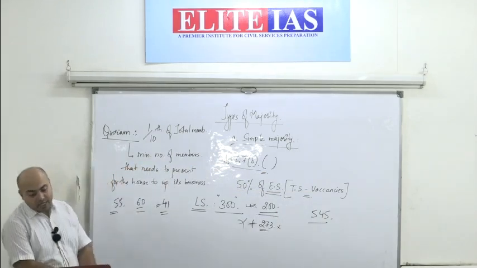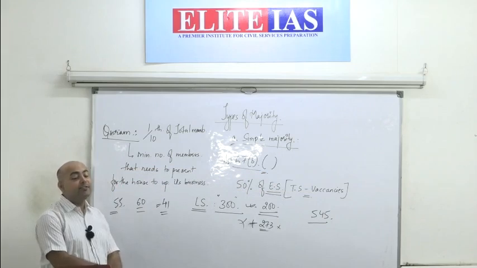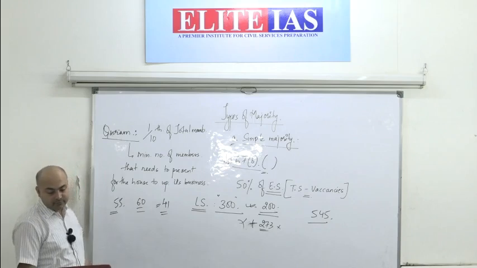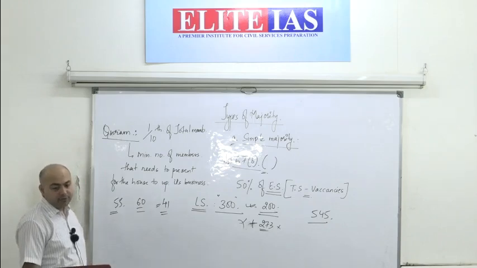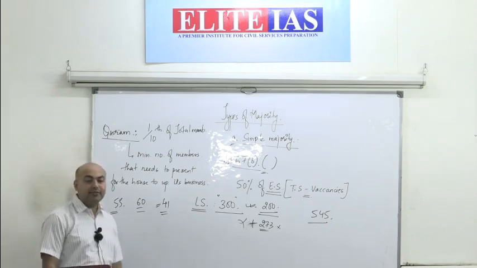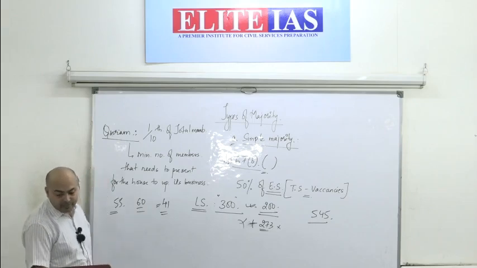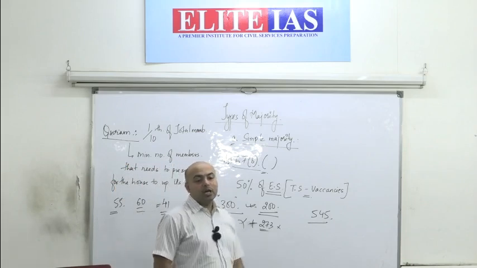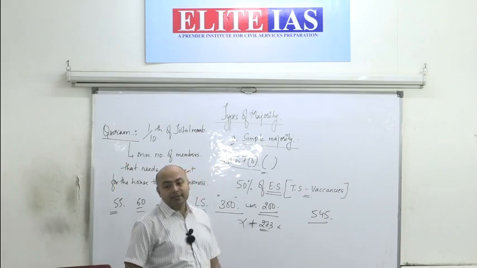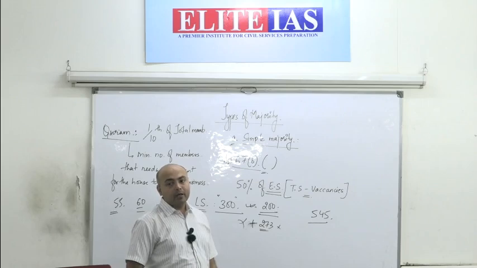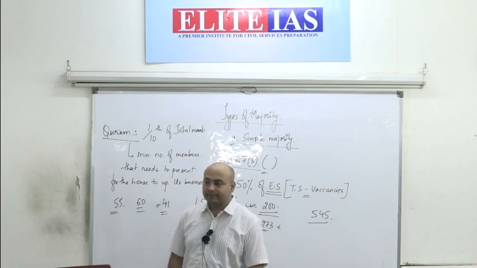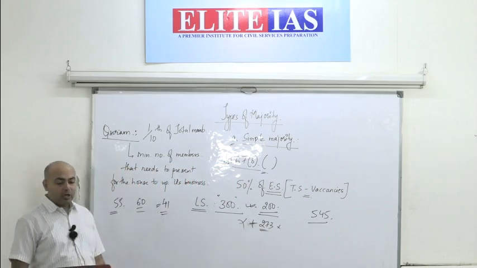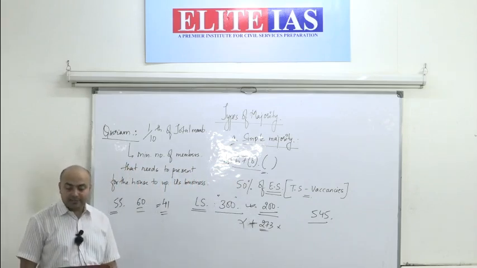Next, fourth, under Article 352, that is approval and continuance of national emergency.